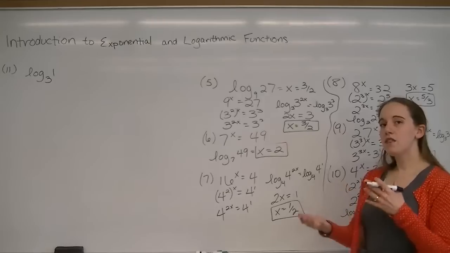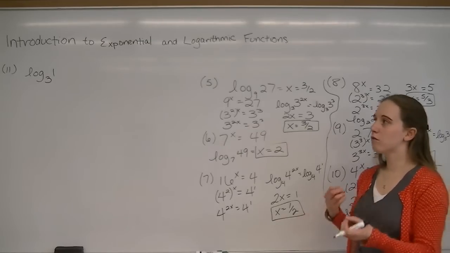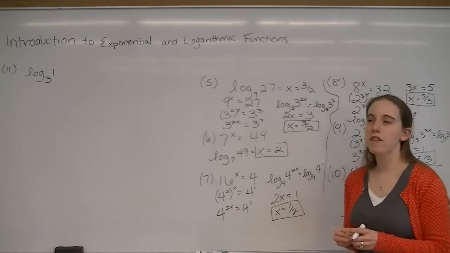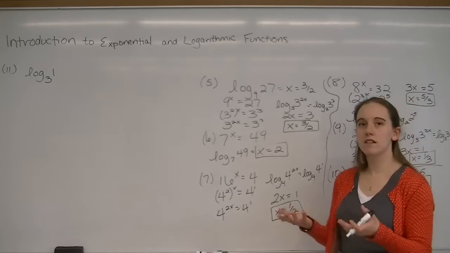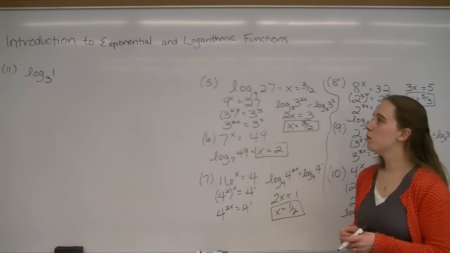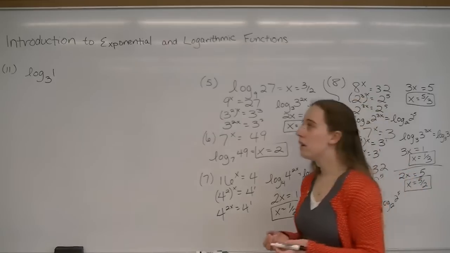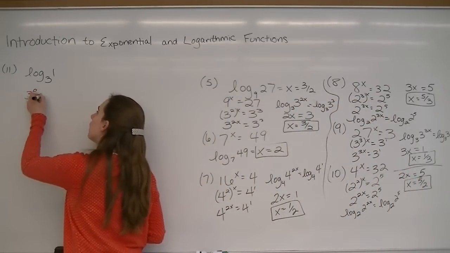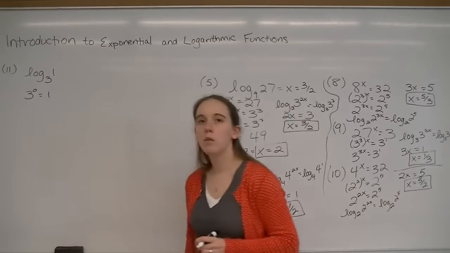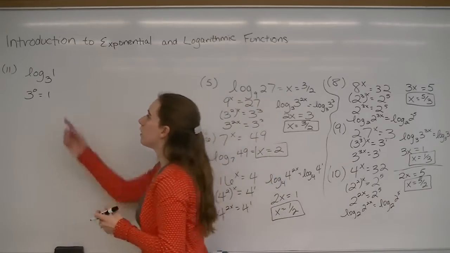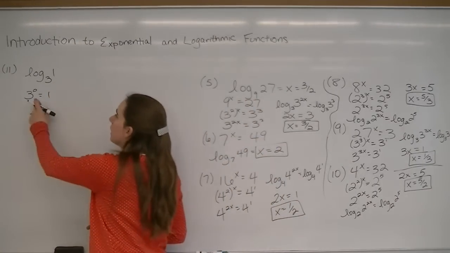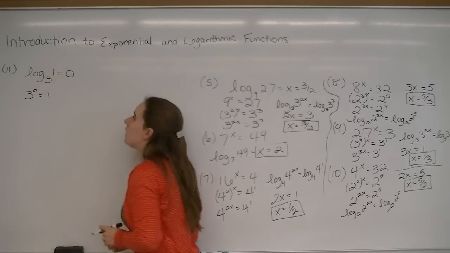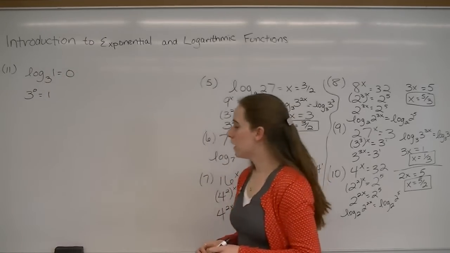And 3 and 1 don't have any easy way to write them with the same base, since 3 is just 3 to the first, and 1 would be 1 to the first. But remember that if I take anything to the 0 power, I get 1. So log base 3 of 1, I had to use the 0 power to get that. That's equal to 0.